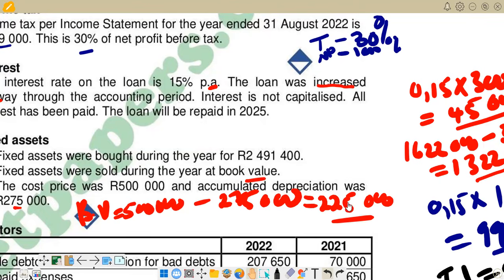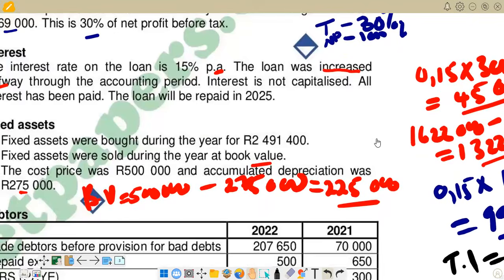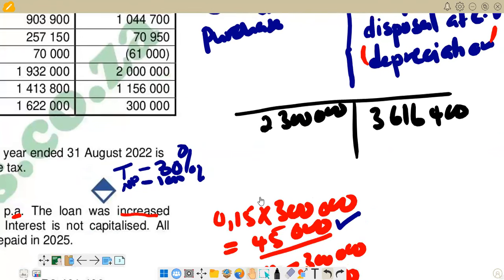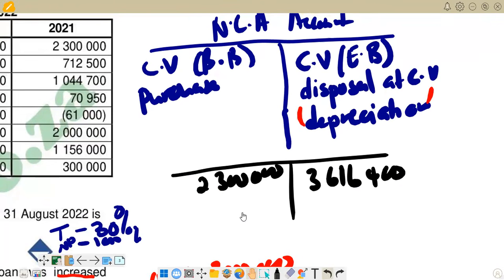So this is the carrying value at disposal. So we go back to our T account, and the carrying value at disposal comes on the credit, so you're going to put 225,000 there.